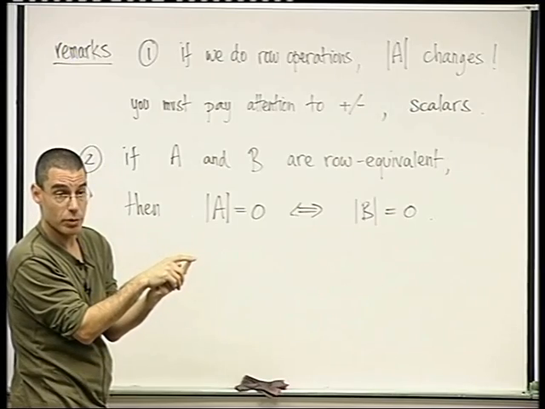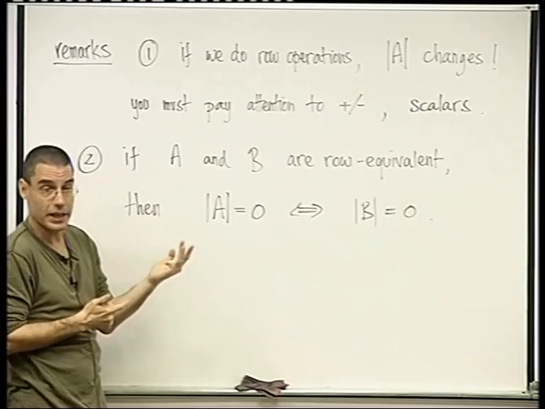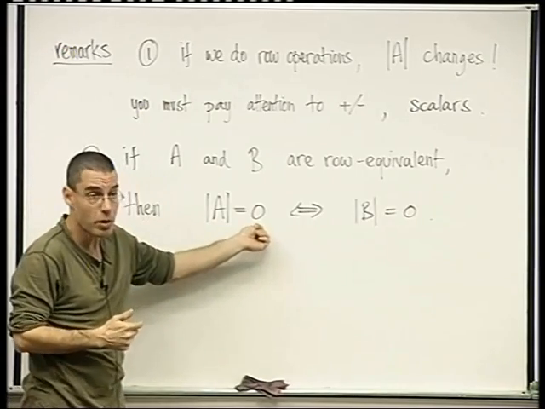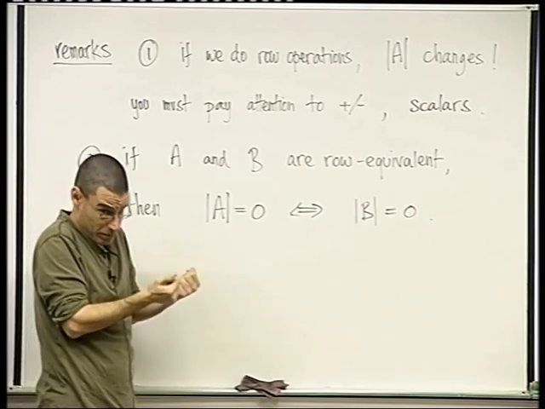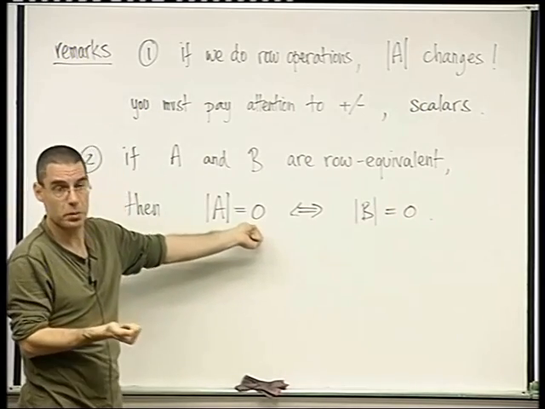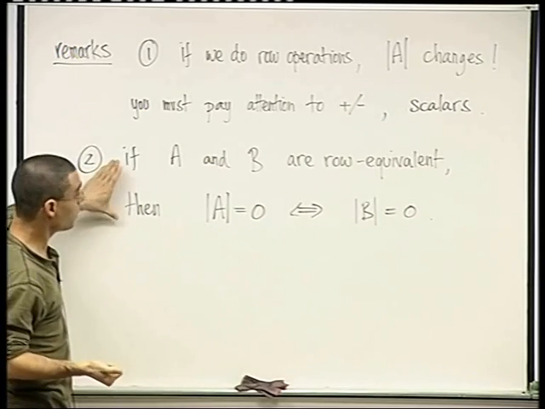That's adding scalar multiples of a row. And the other 2 only pull out scalars or change the sign. But doing that to 0 does not affect it. So pulling out scalars multiplicatively does not affect the 0. Is this clear? This is going to be a very useful fact.